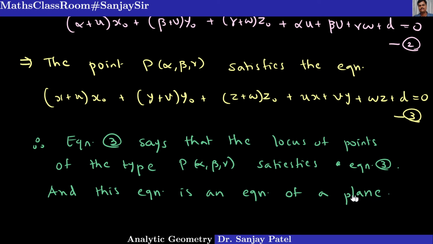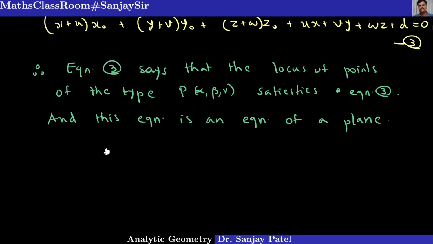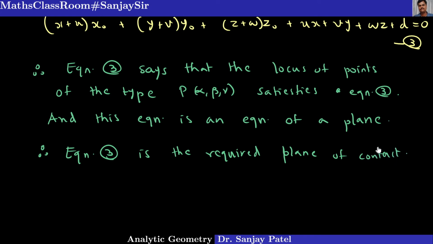All the points of contact satisfy equation 3. It follows from this equation that all the points of the type P(alpha, beta, gamma) satisfy equation 3, and this is the equation of a plane. Therefore, all the points of contact of the sphere corresponding to different tangent planes from the exterior point lie on this plane, and therefore equation 3 is the required equation of the plane of contact.